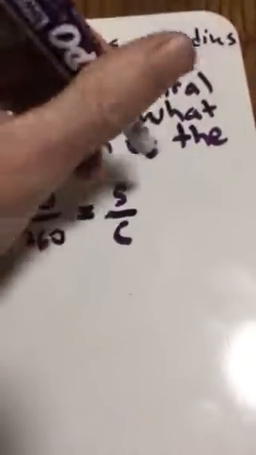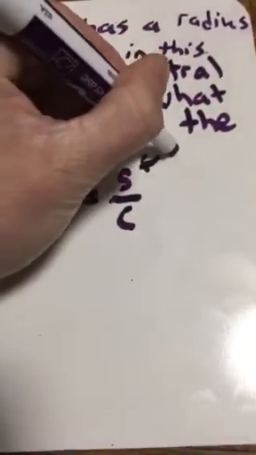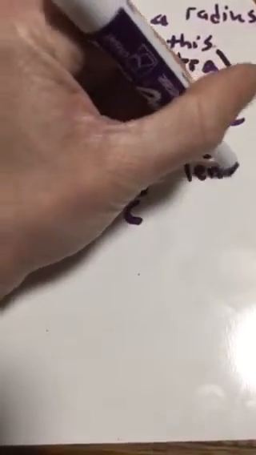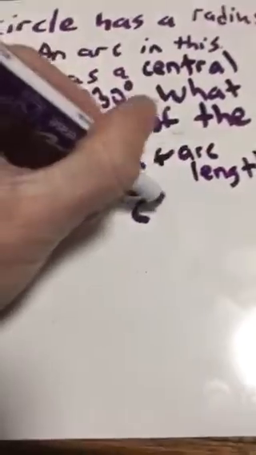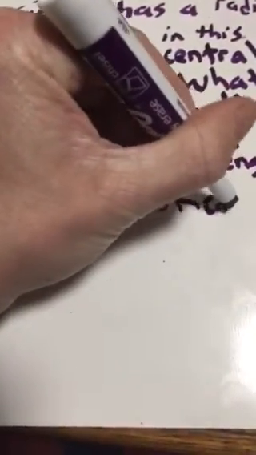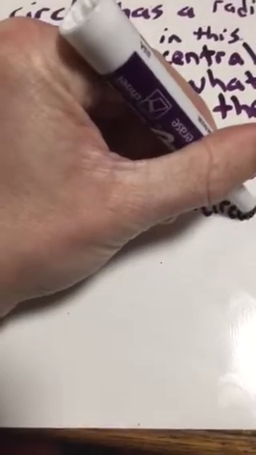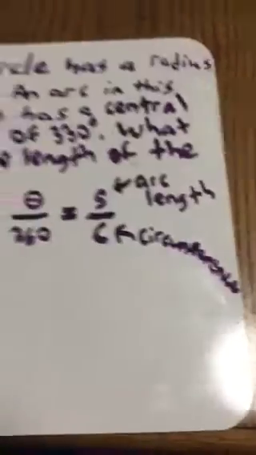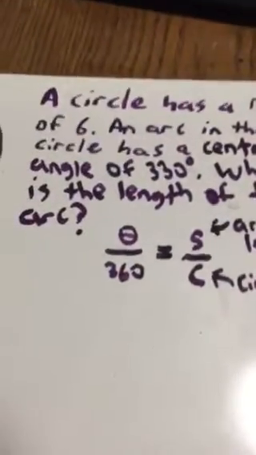And again, S is arc length, while C is circumference. So angle measurement over 360 equals arc length over circumference.